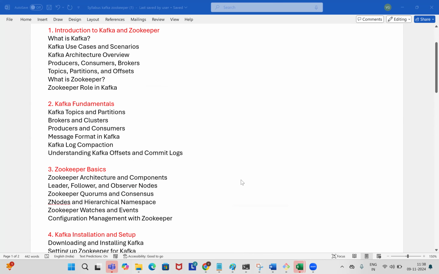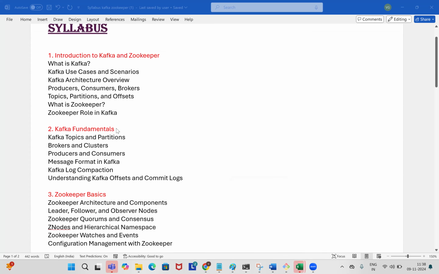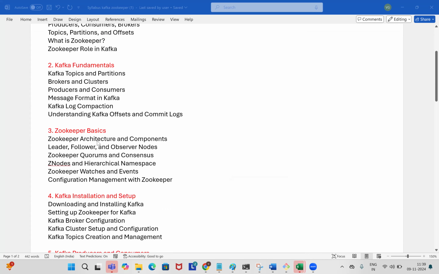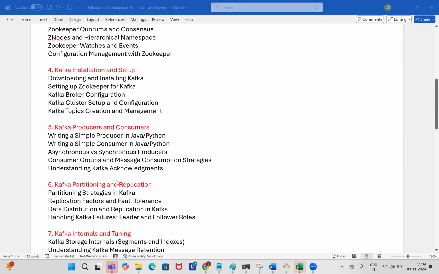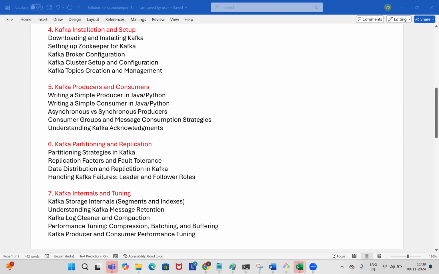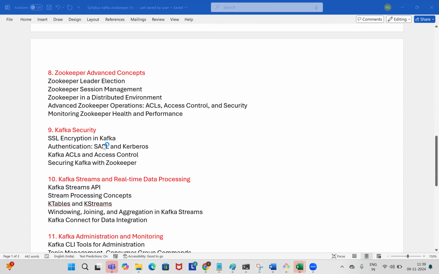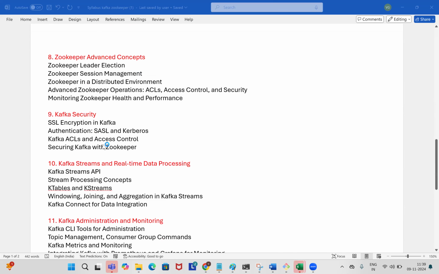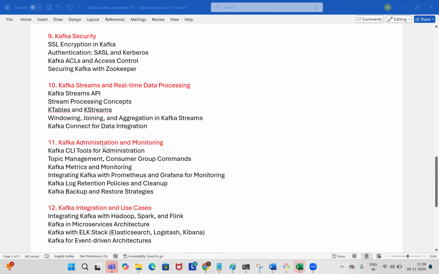Yes. All right. So this is the syllabus I'm going to cover: an introduction of Kafka Zookeeper, Kafka use cases and scenarios, Kafka architecture overview, producers, consumers, brokers, Kafka fundamentals, Zookeeper basics, Kafka installation, setup with single broker nodes and multi-broker nodes, Kafka producers and consumers, Kafka partitions, replication, Kafka internals and tuning, Zookeeper's advanced concepts, Kafka security, GUI mode of the Kafka cluster, broker monitoring, and administration tools.